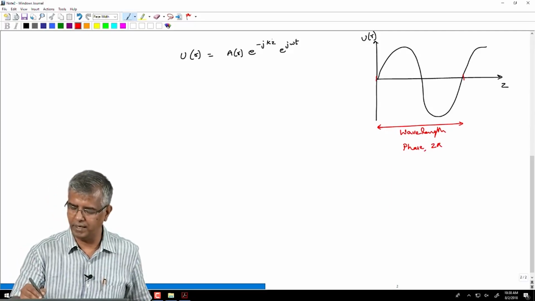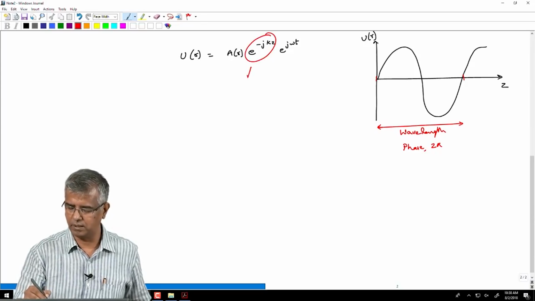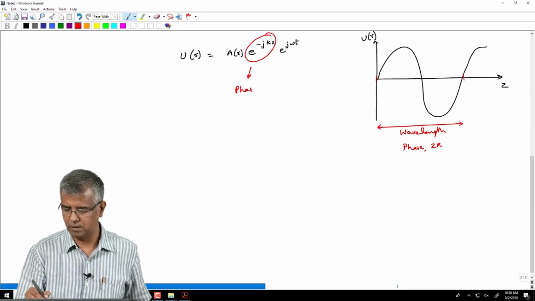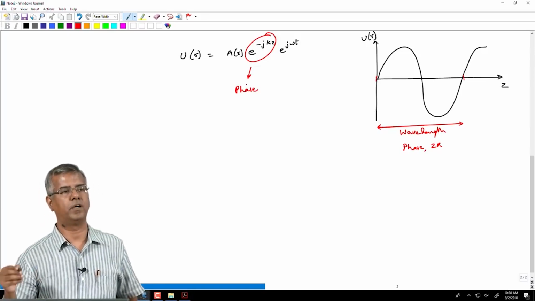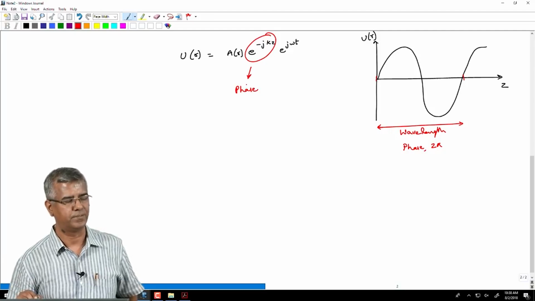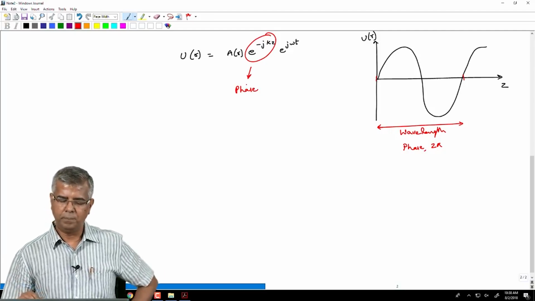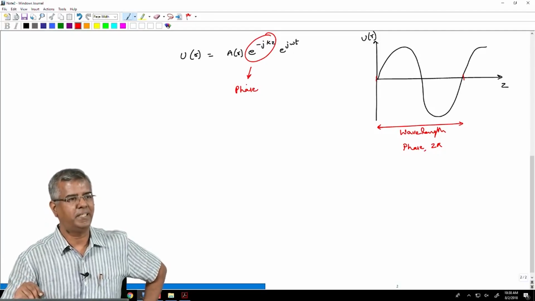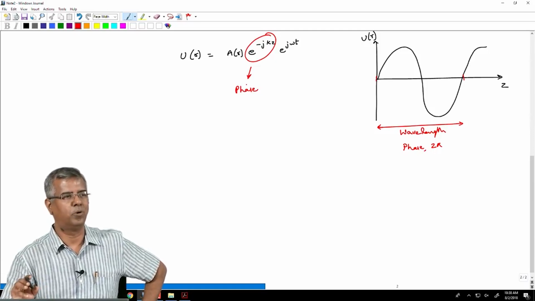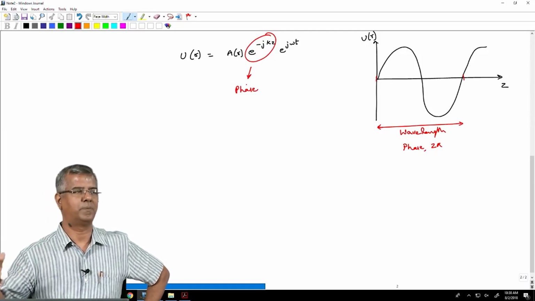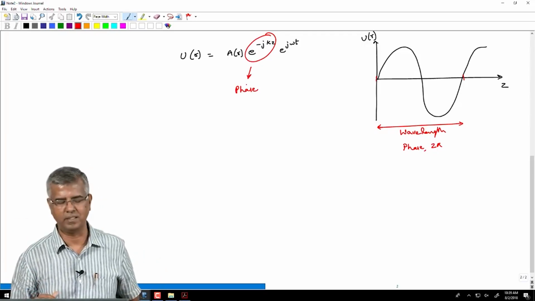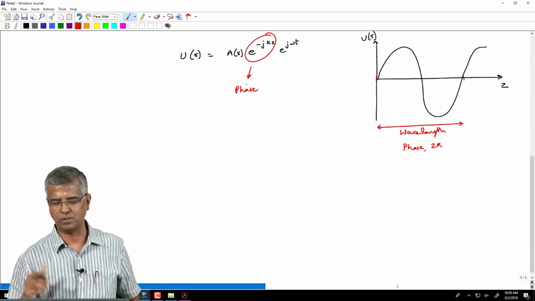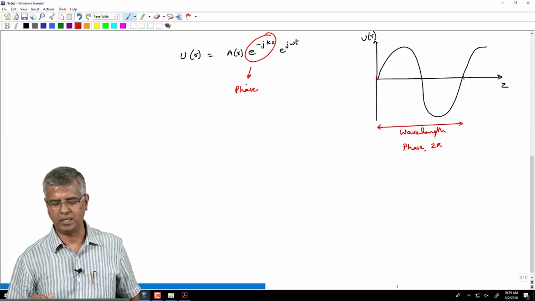So effectively, this term is representing the phase that the wave accumulates as it is propagating. And this e power j omega t term is a fairly boring term. It represents the time dependence, but it is a periodic wave, so it is not changing when going through a linear material.